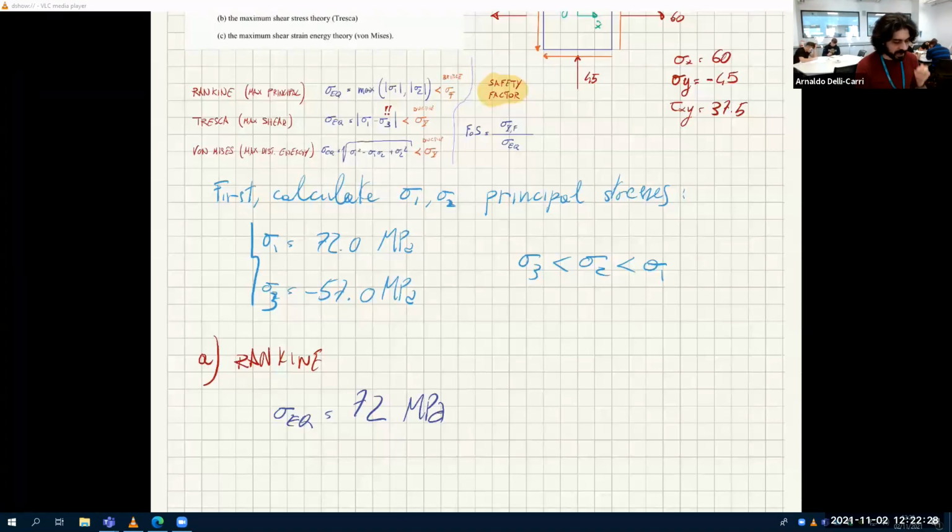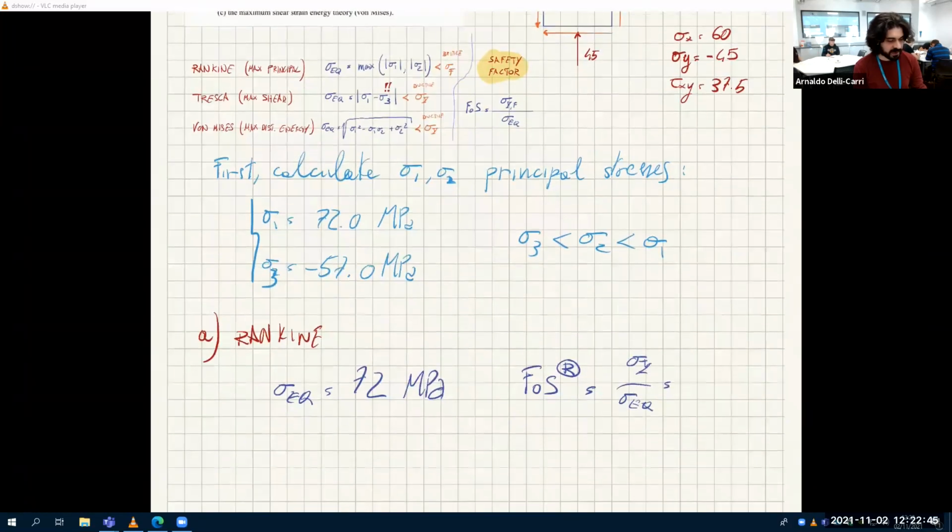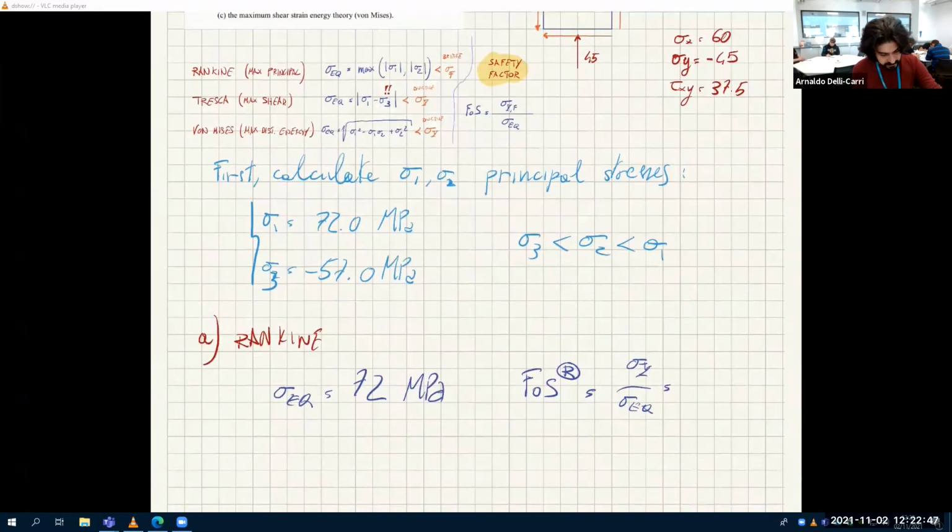So for Rankine, sigma equivalent is 72. So what's the factor of safety? For Rankine, it's sigma yield divided by sigma equivalent, which in this case is 240 divided by 72. How much is that? 3.3.